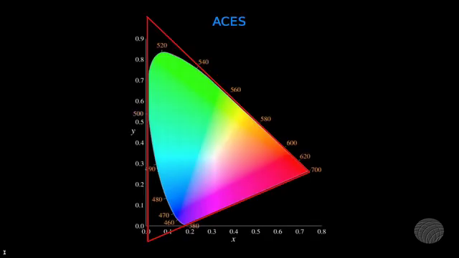So the trick that ACES does is, remember how I said that there's no triangle you can put on this CIE diagram with real-world colors that would encompass the entire range of human vision? Well, ACES says, we'll just make imaginary colors then, and actually make this big triangle outside the CIE diagram to be able to represent all the colors that are inside of it.